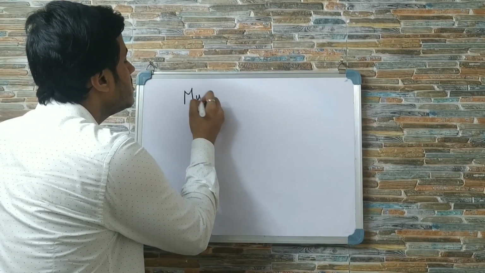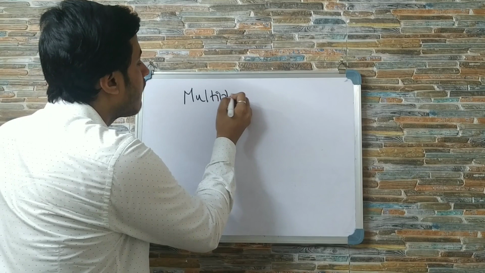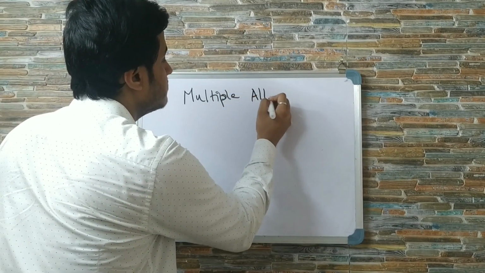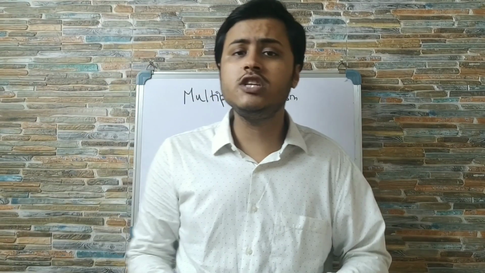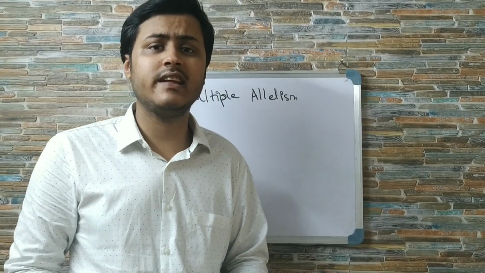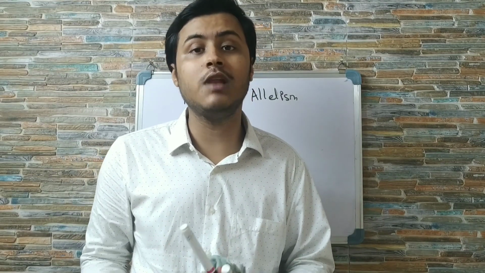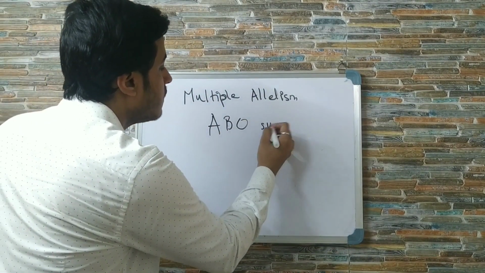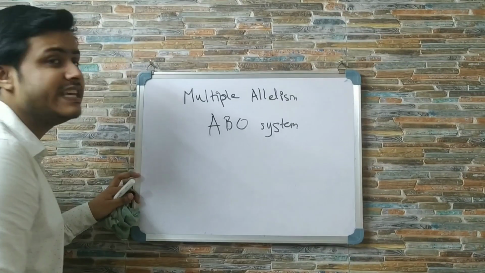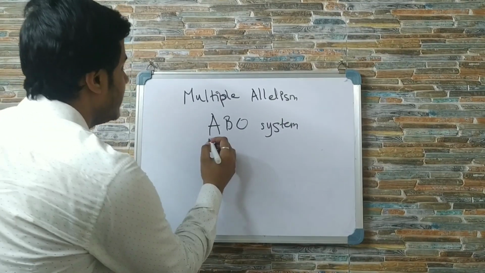So the next is multiple allelism. Now, according to Mendel, there are only two contrasting forms of a gene, or alleles, but we see that there are more than two in practice, like in the human blood grouping system, or the ABO system, where we see that there are three contrasting alleles.